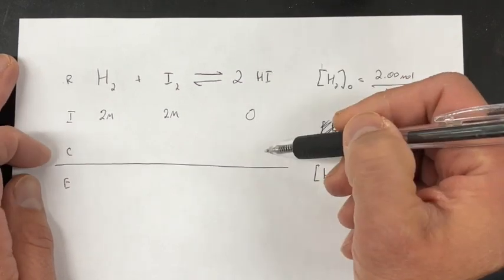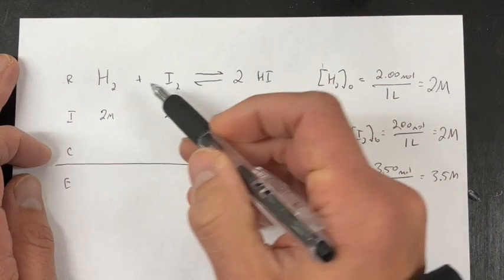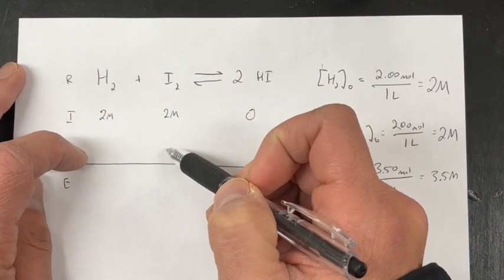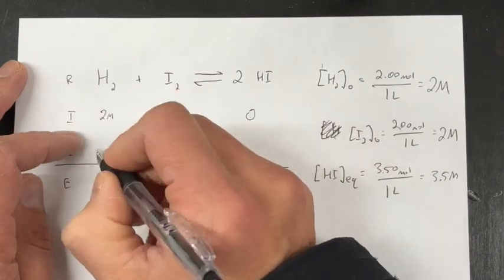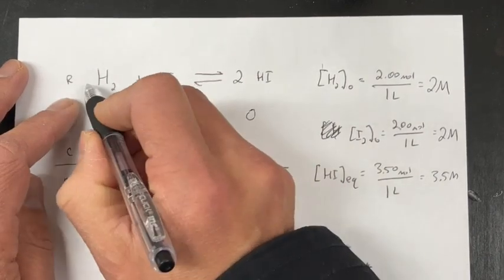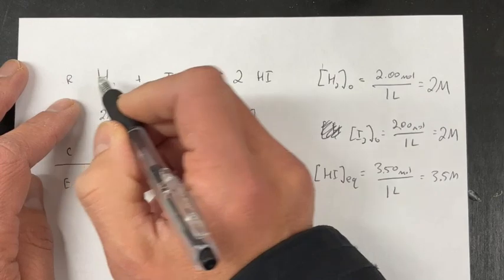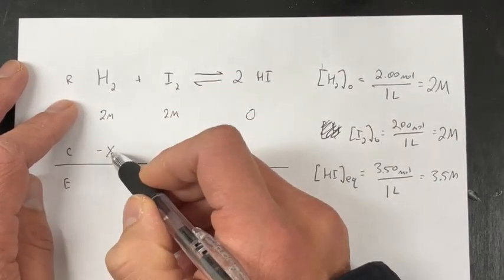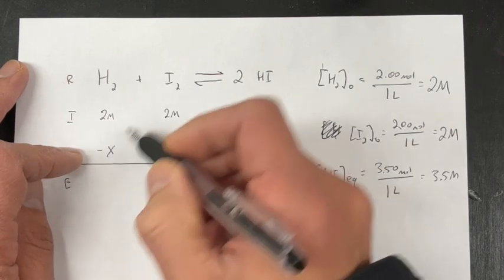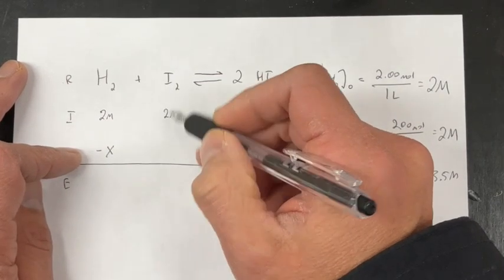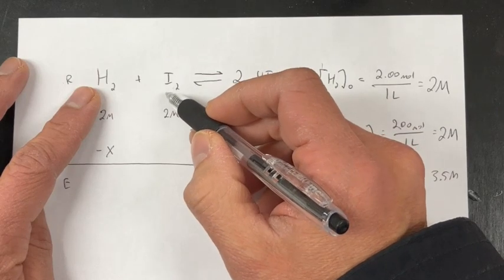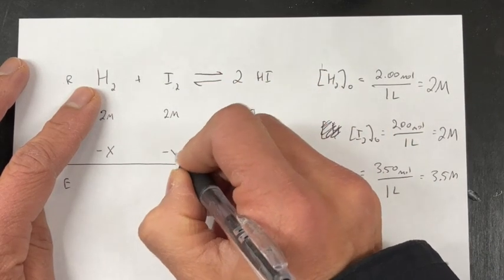But then as we change, these are going to go down. Okay, so this is going to drop. And because it's got no coefficient in front of it, we're just going to say it's going to drop by a value of x. Same with I2. These are the same proportions, so they're related to each other. This will also drop by x.